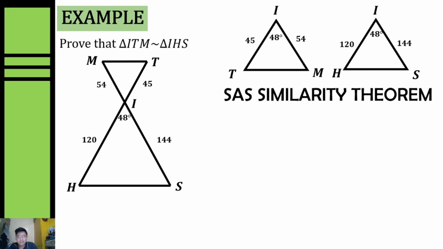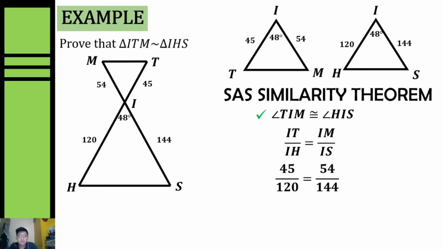Let's check first the angles. We have angle TIM. Is it congruent to angle HIS? Yes, so it satisfies our first condition. For our second condition, we will check if our corresponding sides are proportional. We will have this equation: IT over IH is equal to IM over IS. Let's substitute our given dimensions.